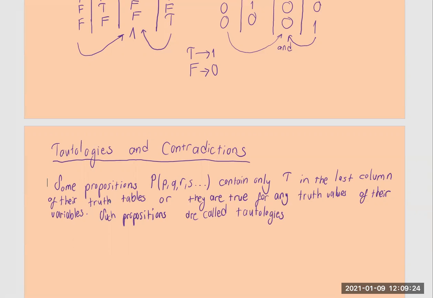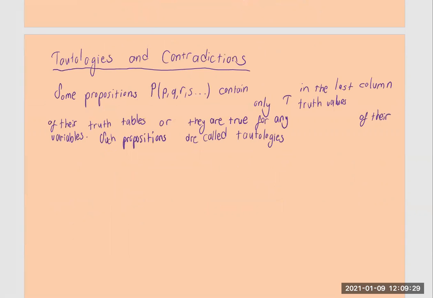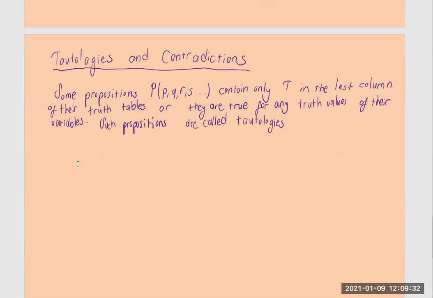So let's write an example. Let's write here P and Q, and there is the R. Let's say 3 statements and 3 variables.